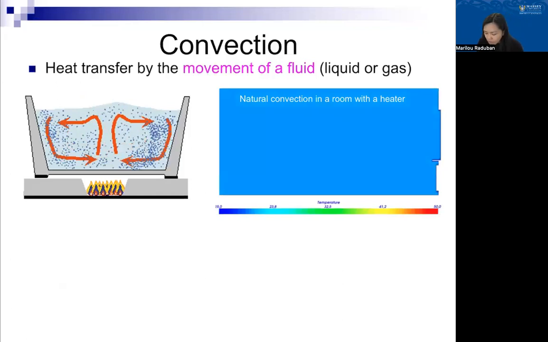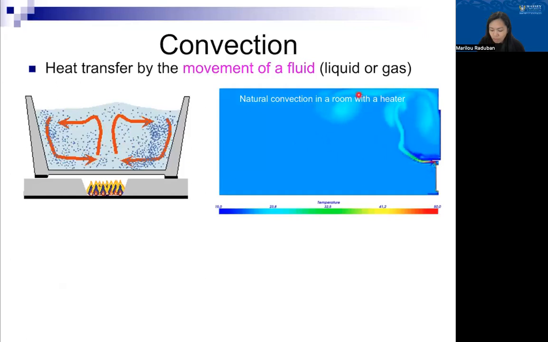Here is an infrared camera image of a room. You have a heater on one part of the room. Notice as the air near the heater heats up, the air molecules start to move.